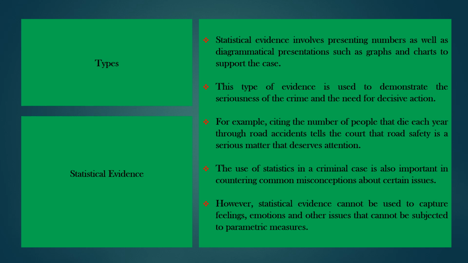Therefore, perhaps other measures such as testimonials might be a more powerful tool that can be used to persuade the judge that deaths arising from careless driving cause untold suffering to the victims, and therefore serious measures in terms of deterrent punishment are necessary for individuals who flout traffic rules and who cause road accidents.